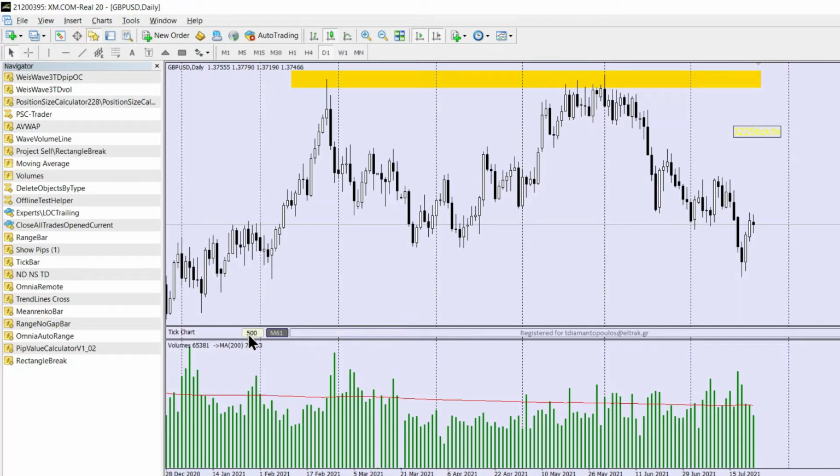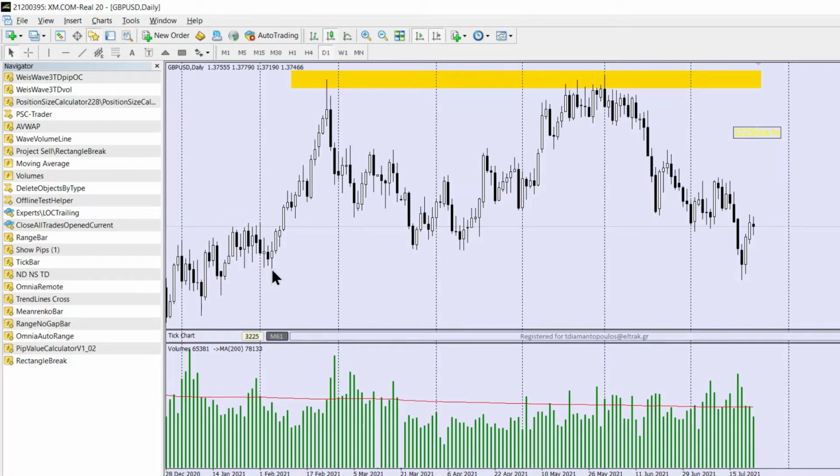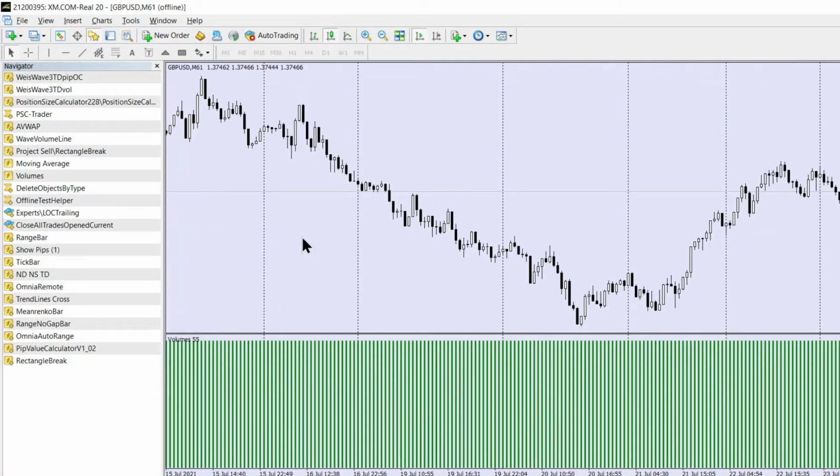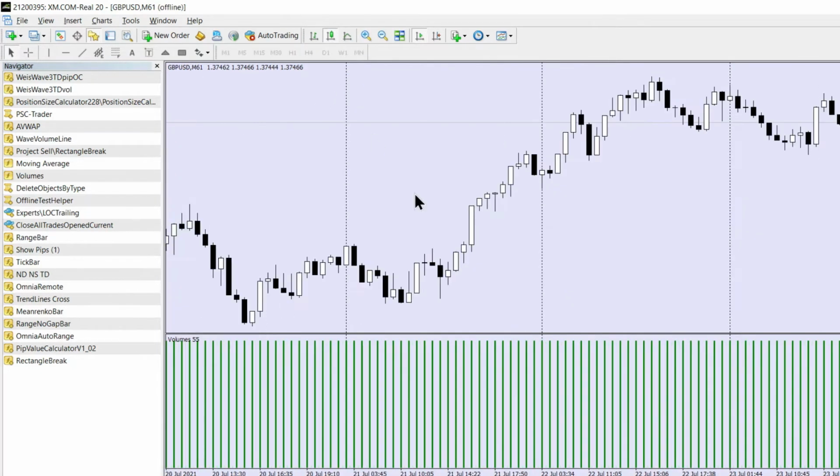So if I go here and I press 3,225 ticks, enter, and then M61, now we have a tick chart which is at 3,225 ticks per hour, and it's also visible from the volumes here. All right, okay.